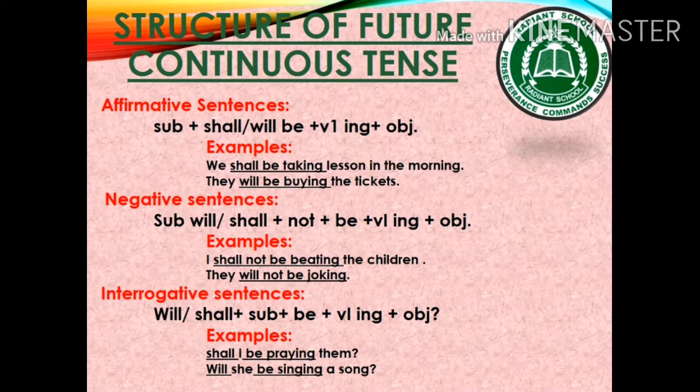For interrogative sentences, will or shall comes at the start of the sentence. Then we write the subject and then comes be with first form of verb plus ing. For example, shall I be praying them? Will she be singing a song?